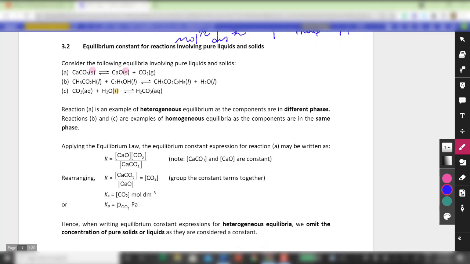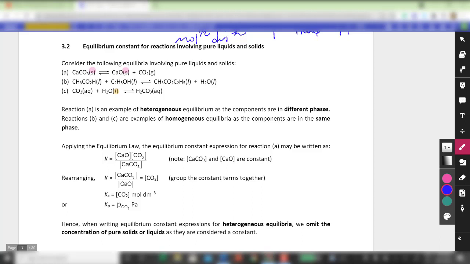A is known as a heterogeneous equilibrium because the equilibrium being established between the products and the reactants involves different phases. B is homogeneous because everything is liquid.